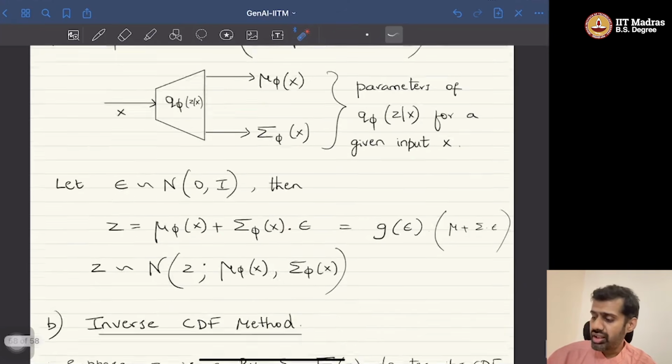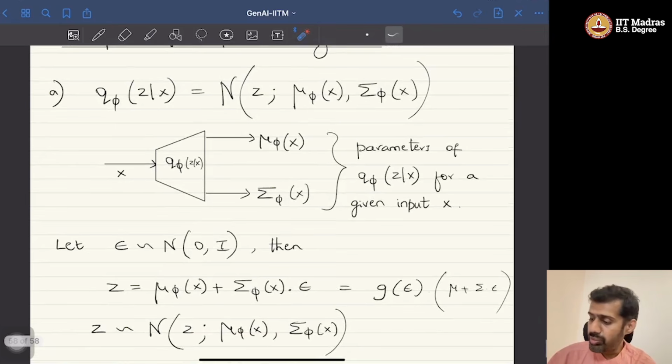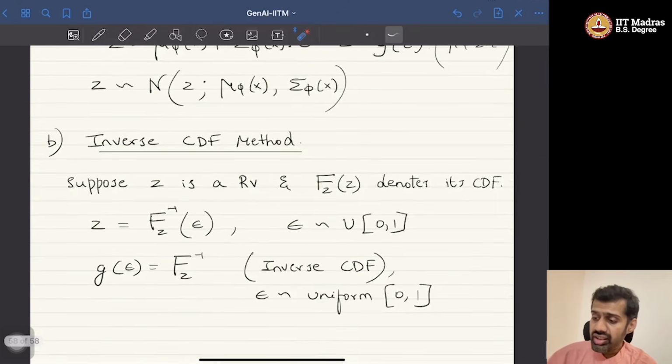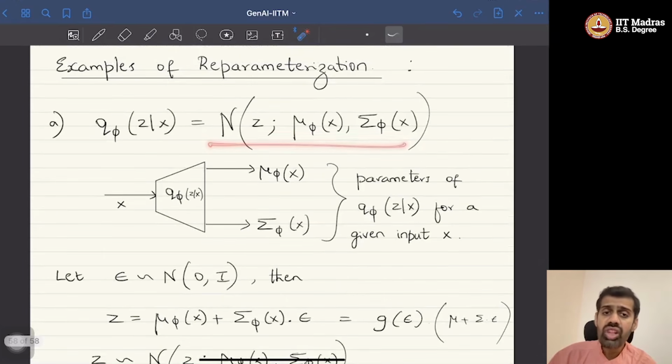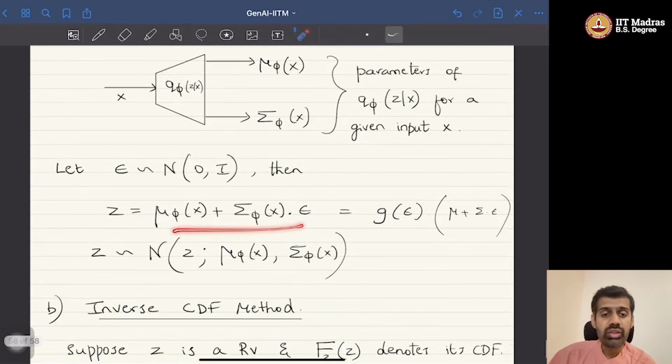So please note that the first example that I gave, which is this particular form of the g function, is specific only to q phi of z given x being a Gaussian distribution and the auxiliary random variable being normal 0 I. Here in the second example that I cited, this sort of reparameterization is common for any continuous random variable whose CDF and its inverse exists. Okay, but as I said, the usual practice is to assume that q phi of z given x is a normal distribution and use this kind of reparameterization in a VAE setting.